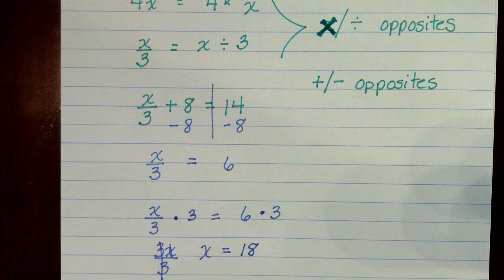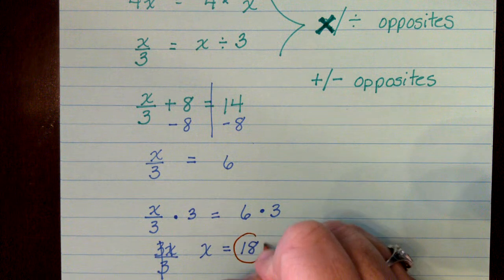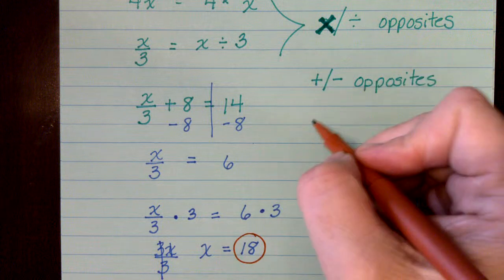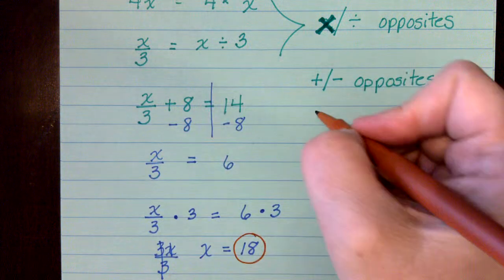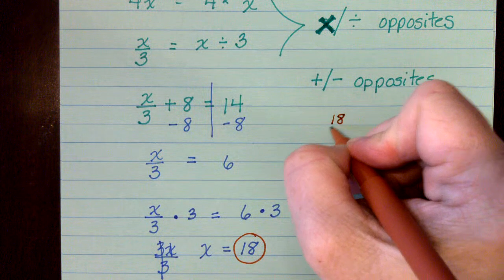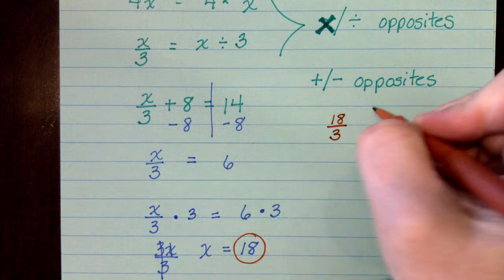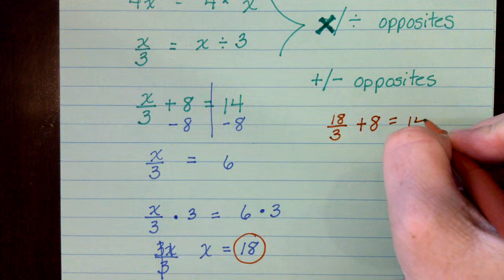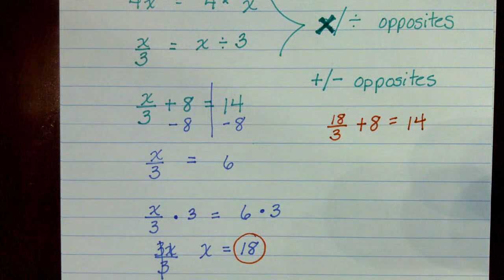Now I've shown you how to solve for x. How do we know that we got the answer correct? Well, if we were to put this number back into our equation and substitute it, instead of x over 3, we're going to put 18 divided by 3 plus 8 equals 14. We're going to double check that.